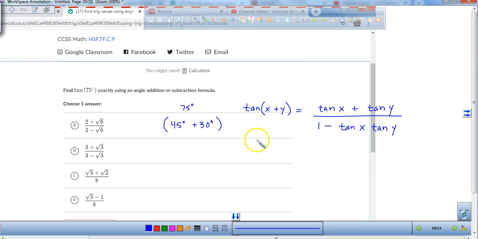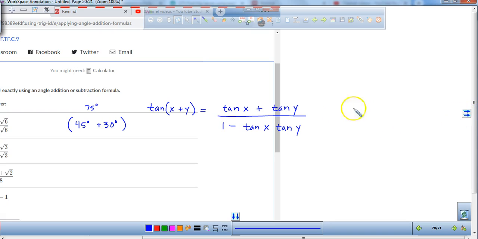So now all I'm going to do is substitute. Here we go. This will be our final problem.